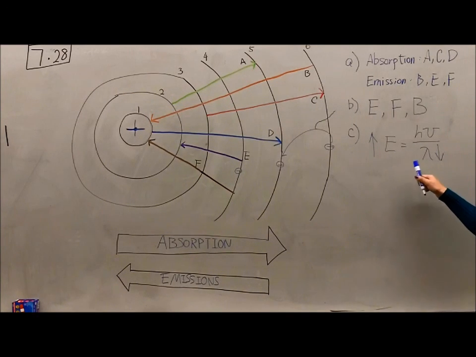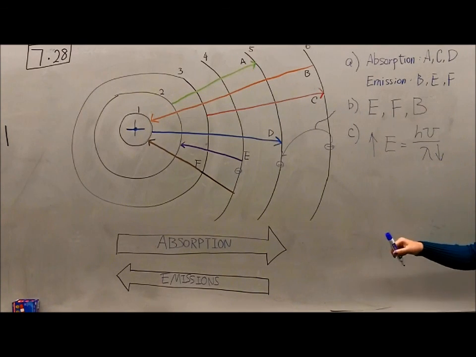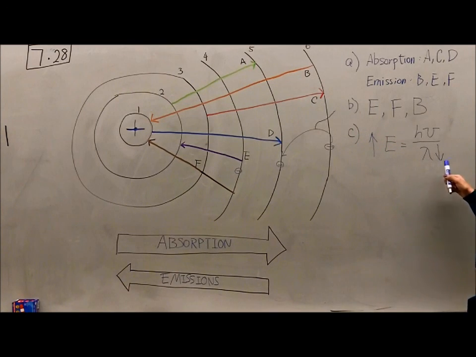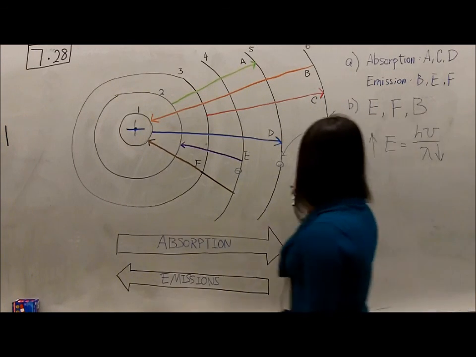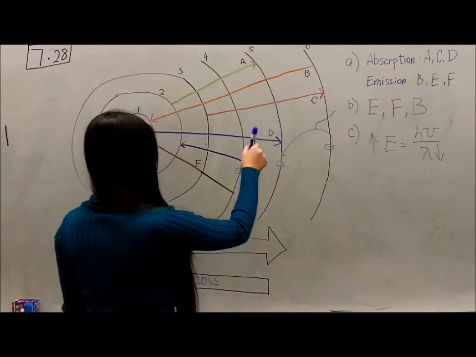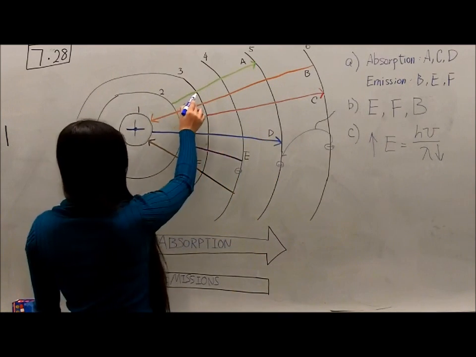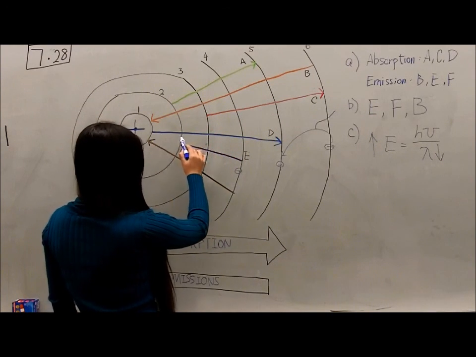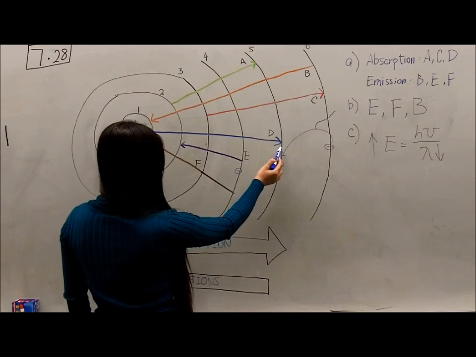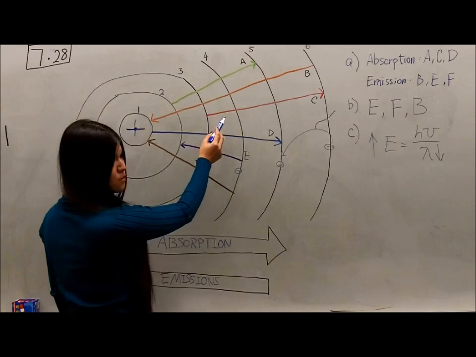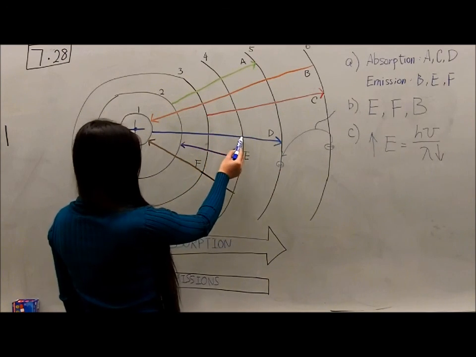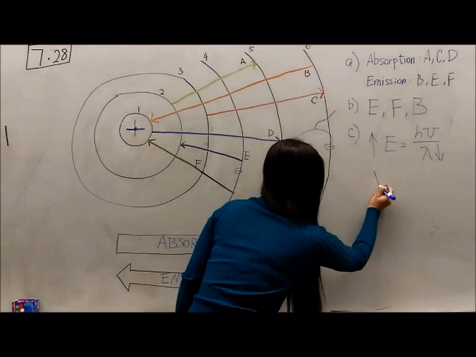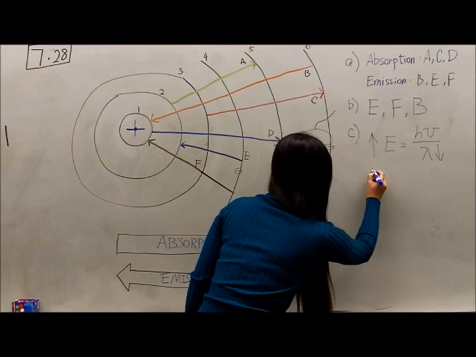So for absorption, same thing as emission. The more levels you jump through, the more energy it will take, which means the shorter the wavelength. And with absorption, we established it's A, C, and D. You can see that D is the one that jumped through the most energy levels. It jumped through 4, and A and C both jumped through 3. So D has the most energy, which means it has the shortest wavelength.